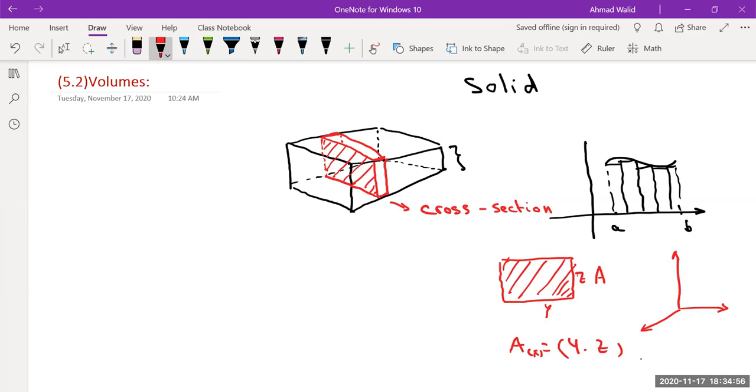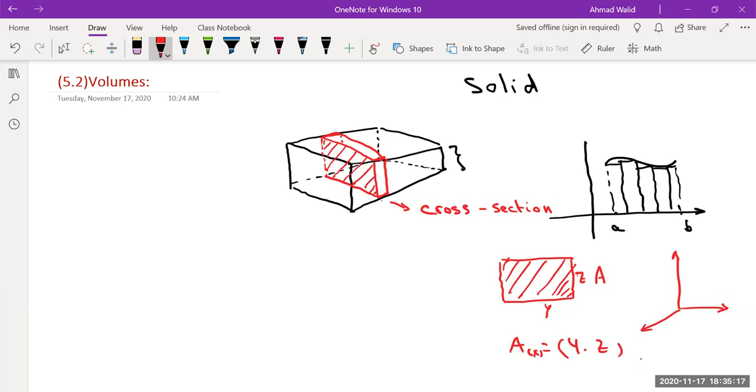Because we want to make a rectangular shape actually. It's not rectangular, you see? When you take a small slice, you're trying to change your shape to a rectangular shape, right? And if I add all those volumes, I can get the volume of this object, correct?